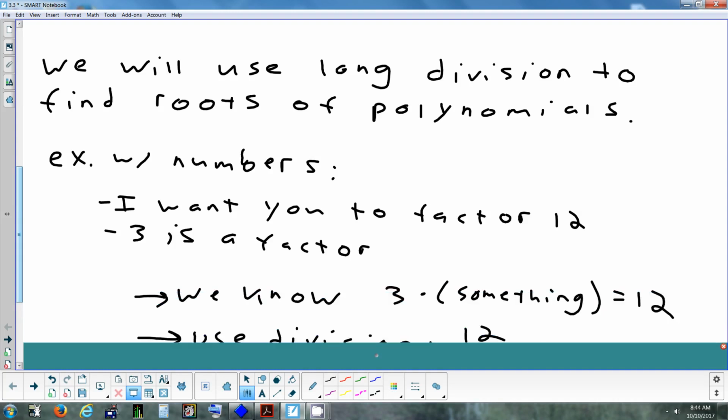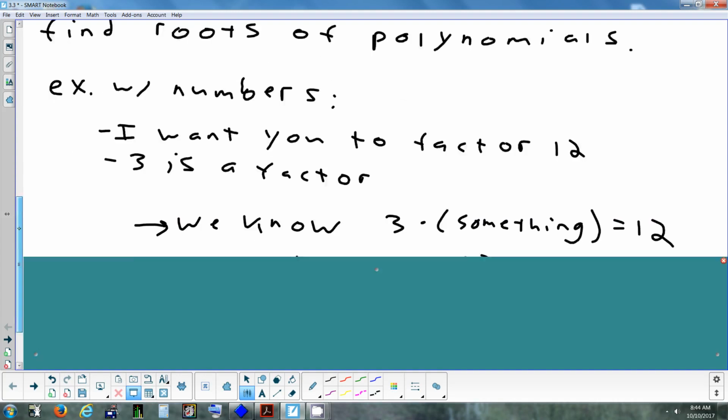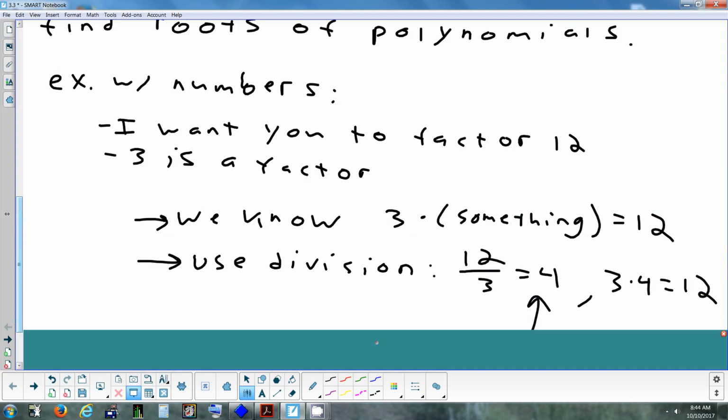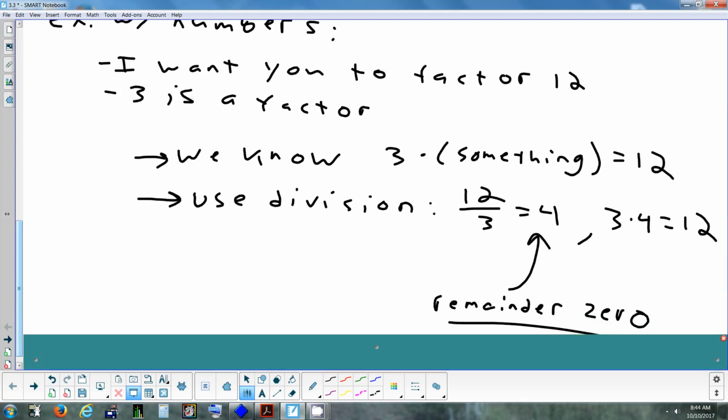So if you know that 3 is a factor, that means 3 times something is going to give you 12. Well, in order to solve for the something, you divide each side by 3. So 12 divided by 3 gives you 4.